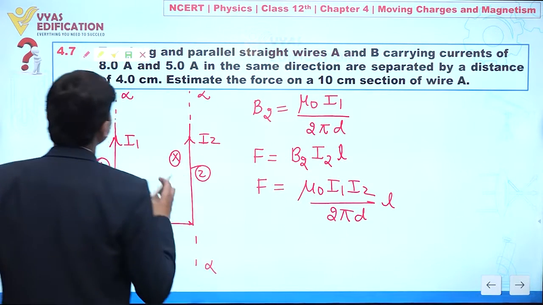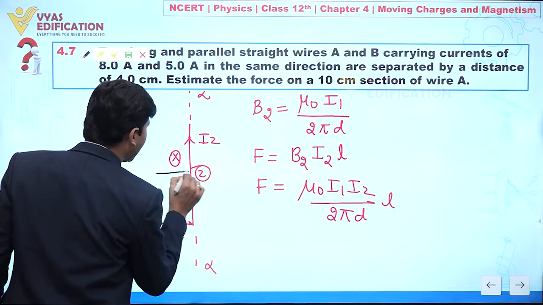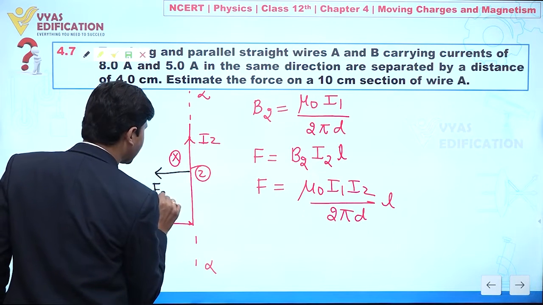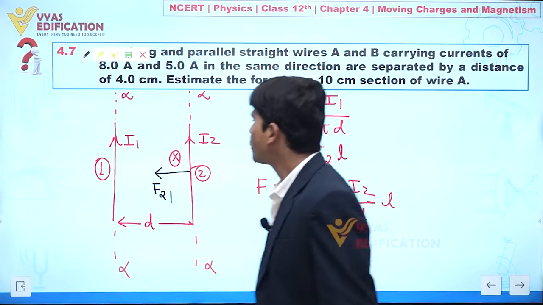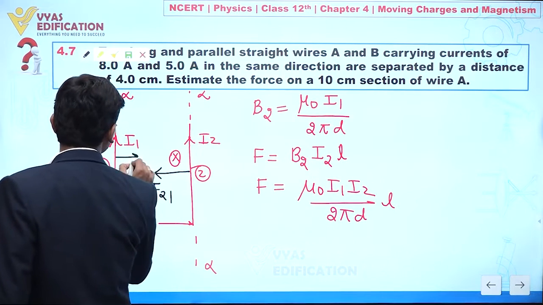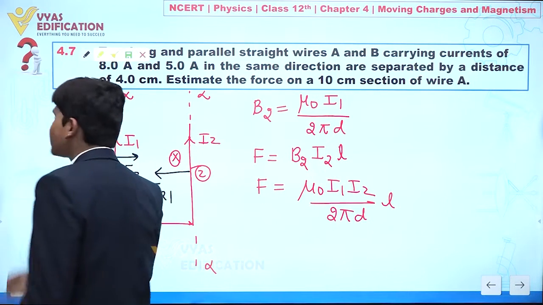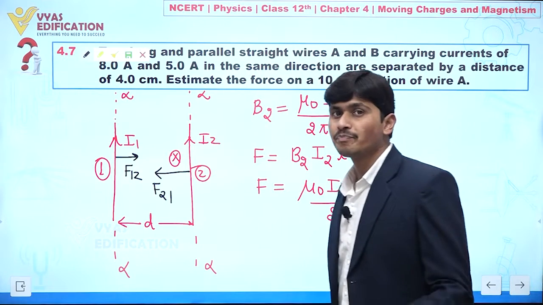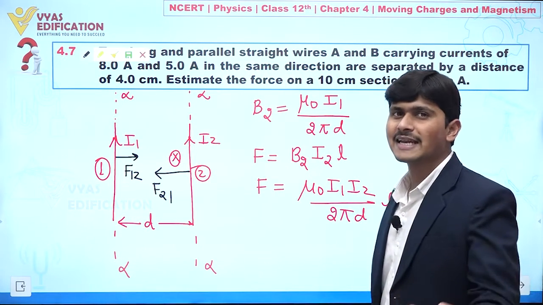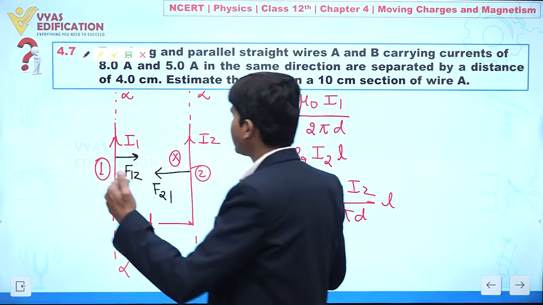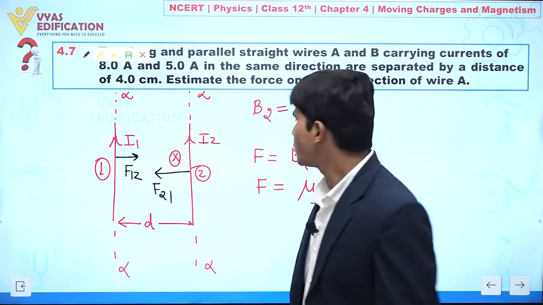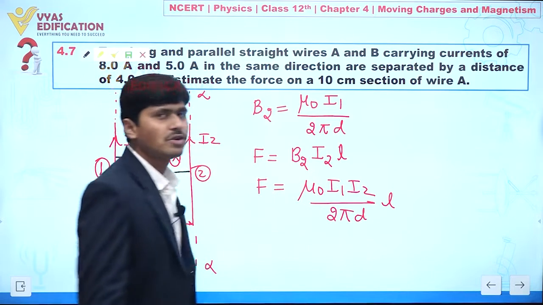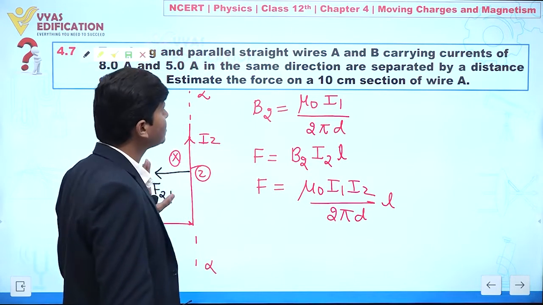So the force acts in this direction, force on 2 by 1. Similarly you can find the force acting on 1 due to 2. It has the same magnitude but the direction is opposite. So an attractive force is acting between these two wires. This is the magnitude of the force acting between the two wires.